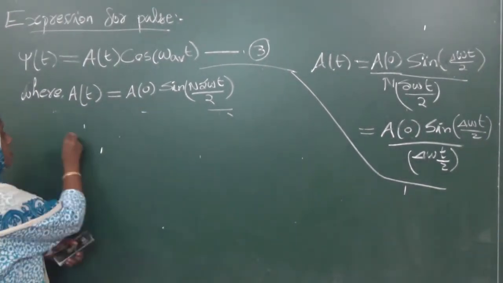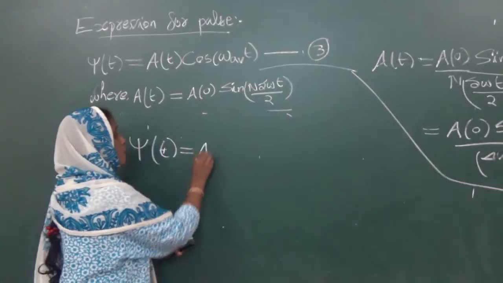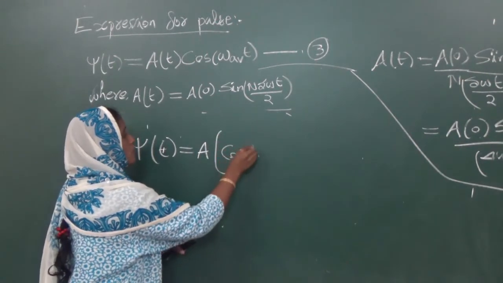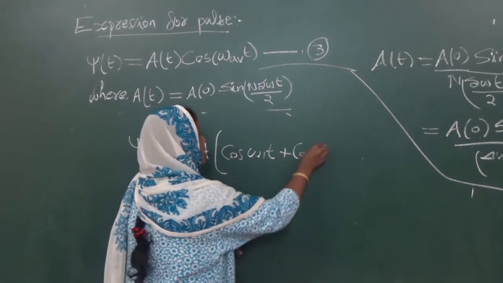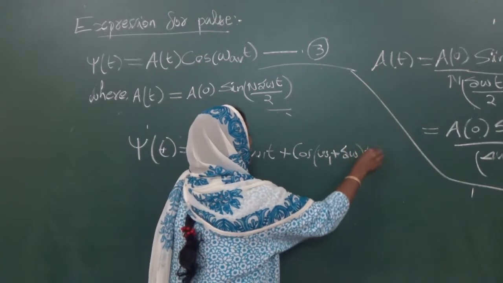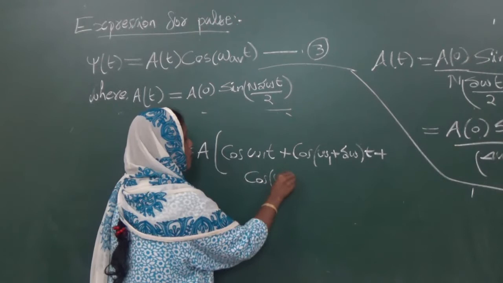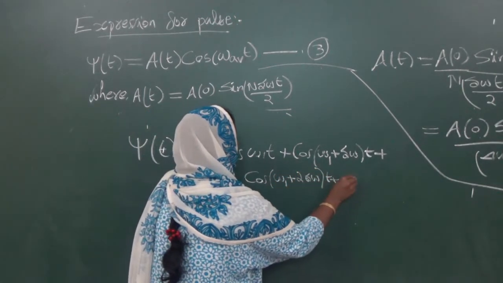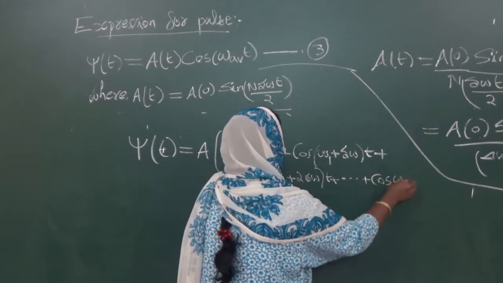That equation is written as psi of t equal to A into [cos omega 1 t plus cos (omega 1 plus delta omega) t plus cos (omega 1 plus 2 delta omega) t plus ... plus cos omega 2 t].